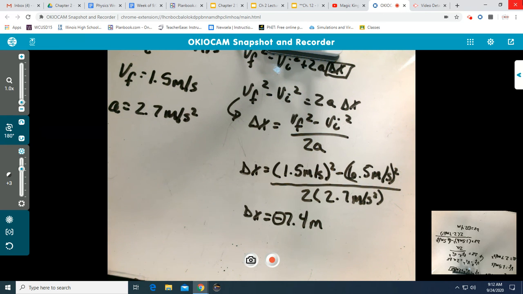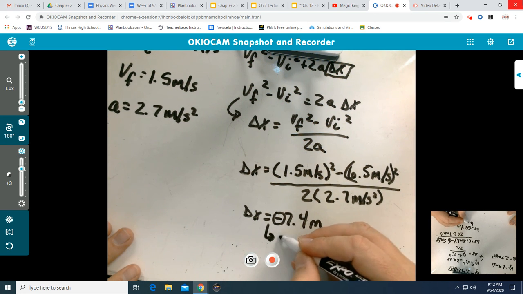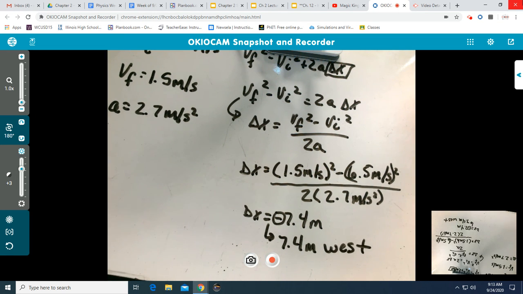Left, or did you say west? Sorry, my bad. 7.4 meters west. So again, you want to try to do your best at providing a direction when possible.